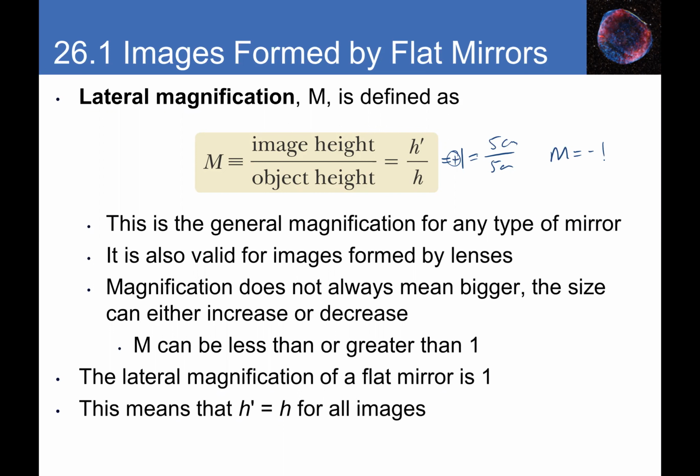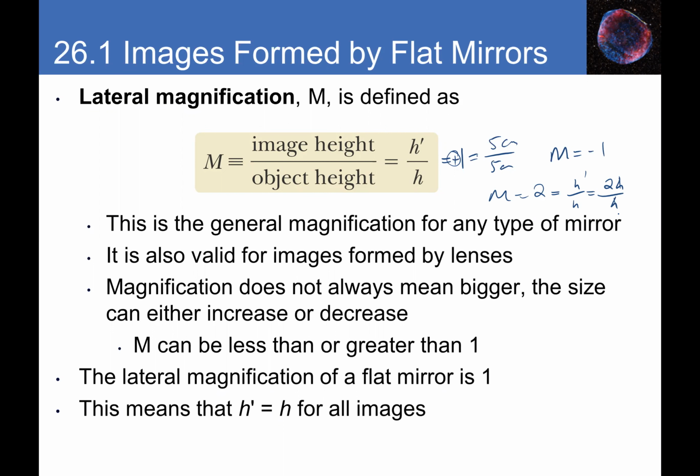Magnification does not always mean bigger. The size can either increase or decrease, and m can be less than or greater than 1. For example, if you get m equals 2, this means h prime over h is 2. How can it be 2? It can be 2 if the image is double the object size. That means the image is twice the size.